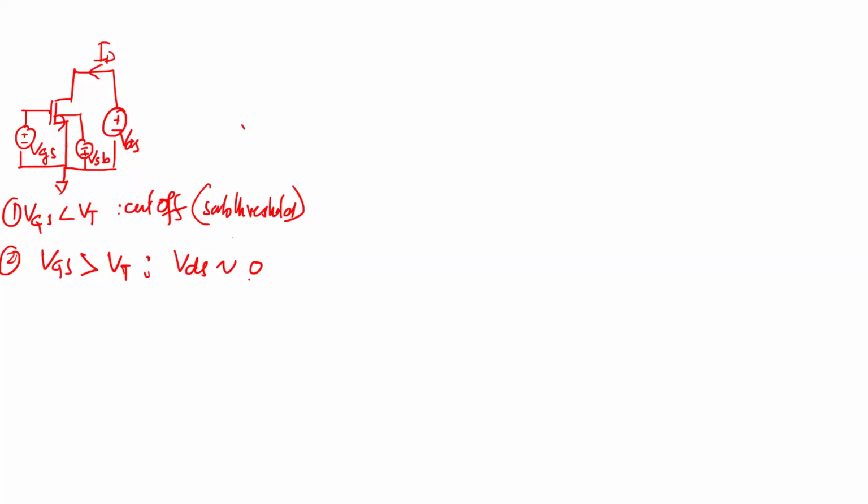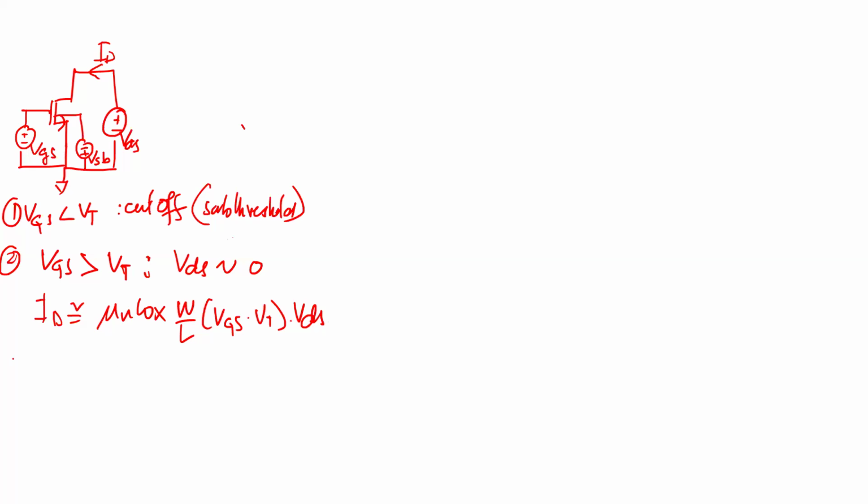Typically books don't say that, they just say triode region, but this is actually a pretty useful region in analog. So ID is approximately equal to mu n Cox W over L times (VGS minus VT) times VDS. Okay, so it's a linear relation between ID and VDS. With that constant, it's actually a voltage controlled resistor. So you can change VGS to change that resistor.